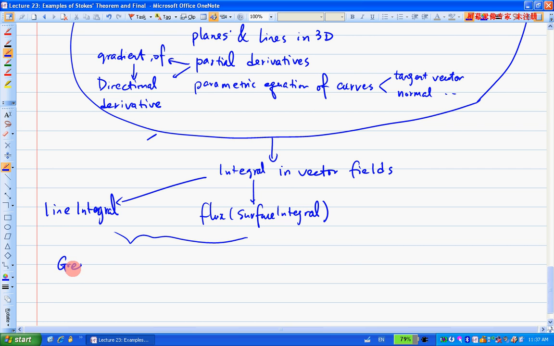One is Green's theorem, the divergence theorem, and Stokes theorem. To connect those dots here, connect the dots.